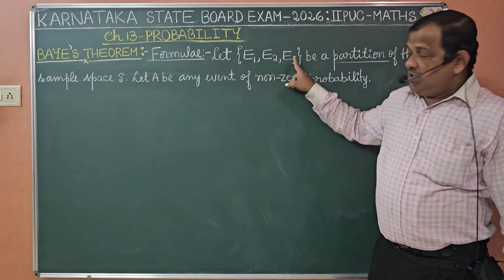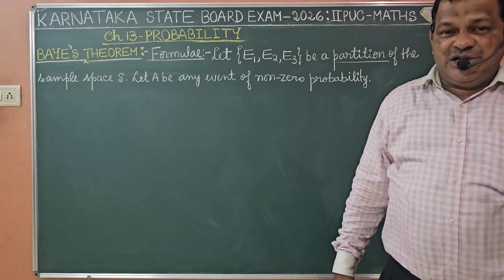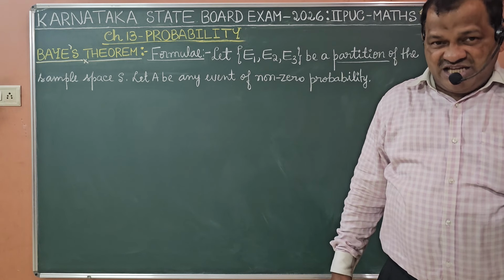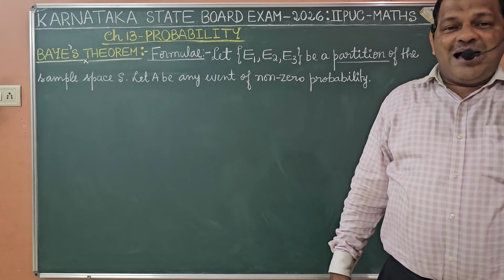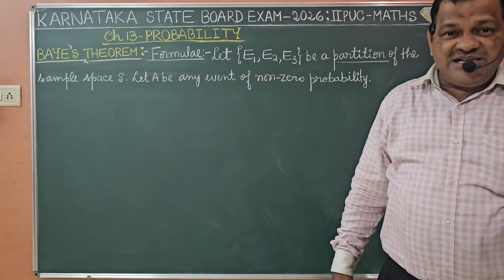Orally I will tell you what we know: the probabilities of E1, E2, E3, and also probability of A given E1, A given E2, A given E3. What we should find is the reverse probability, but 3 reverse probabilities are possible.